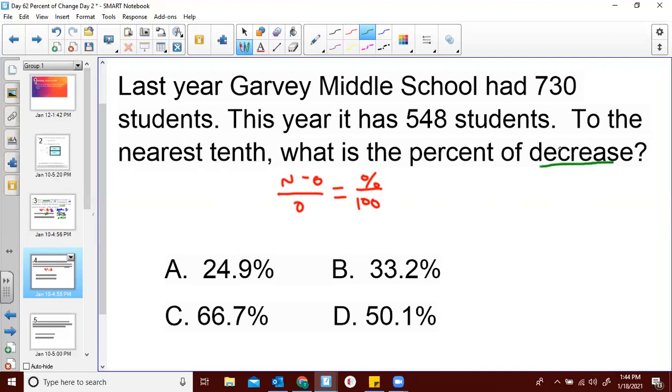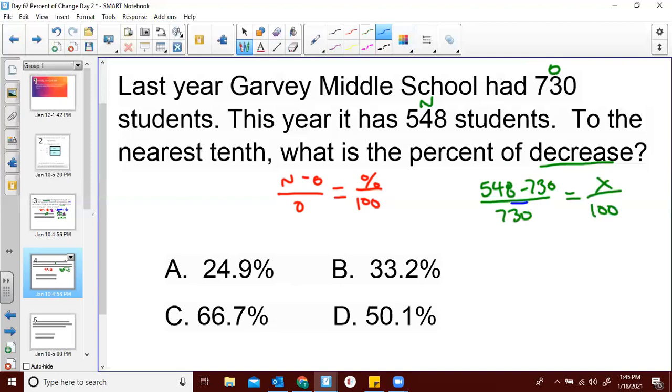Remember, we see decrease, so we're going to assume that our answer is going to be negative, okay? So let's look at what we have here. Last year they had 730 kids. This year, 548. So last year would be my old number. This year is my new. And when I plug that in, I get 548 minus 730 over 730, and that's going to equal my X, because I'm looking for my percent of change, divided by 100.